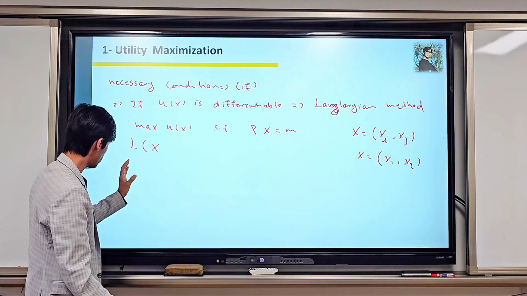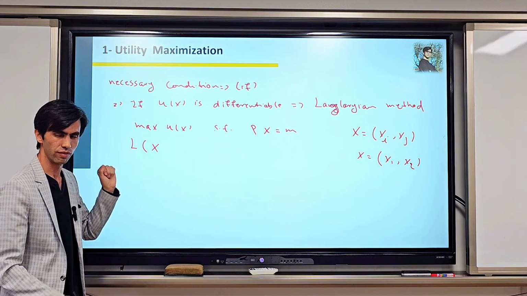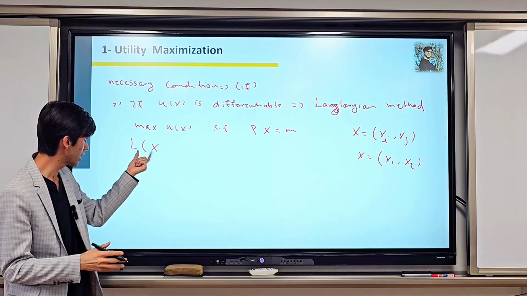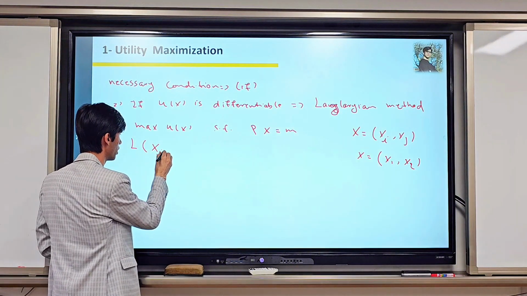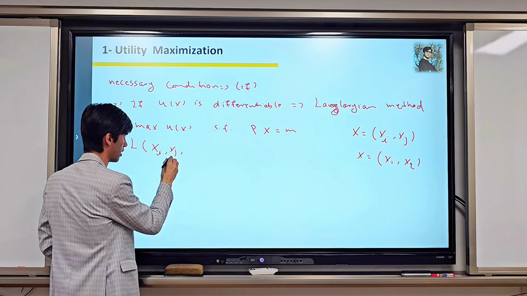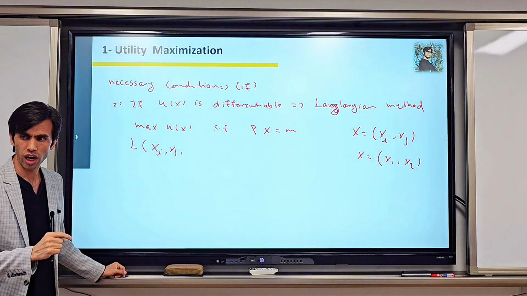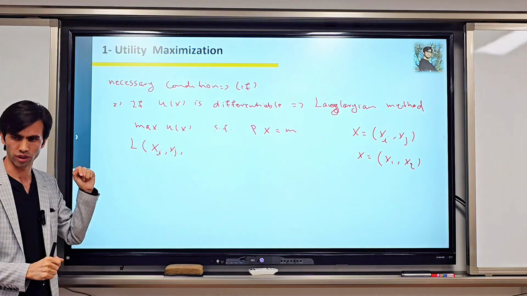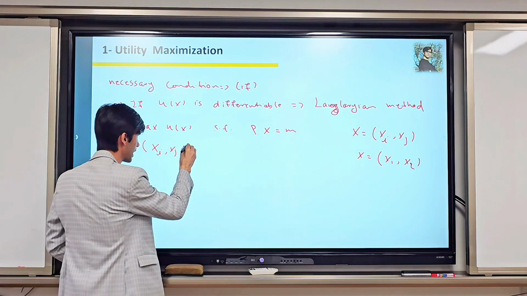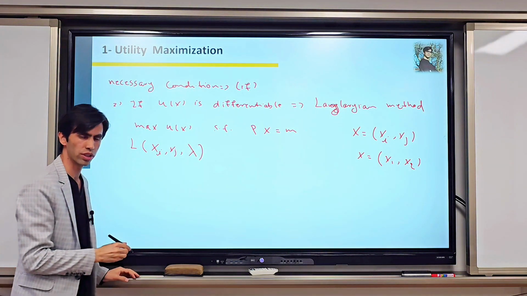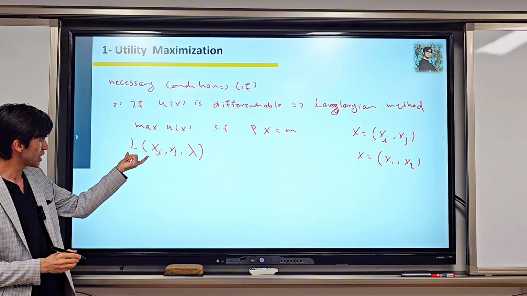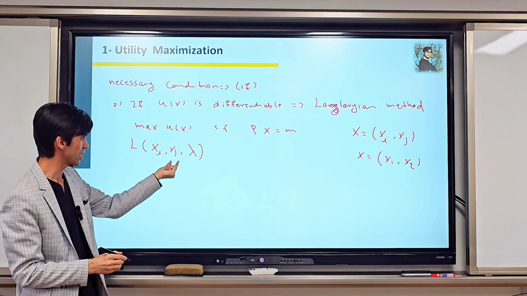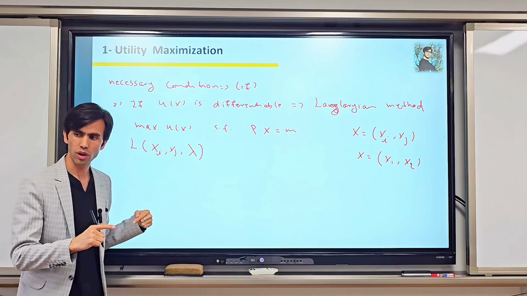So then, when we set the Lagrangian, we need to set our choice variables. Here, the choice variables are xi and xj. And also the other thing we need to add in our Lagrangian is lambda, the Lagrangian multiplier. Then the Lagrangian function has choice variables xi, xj, and lambda. Because what is the lambda?